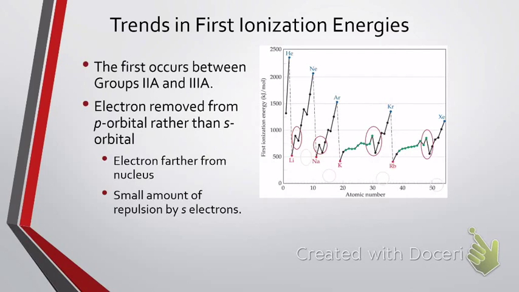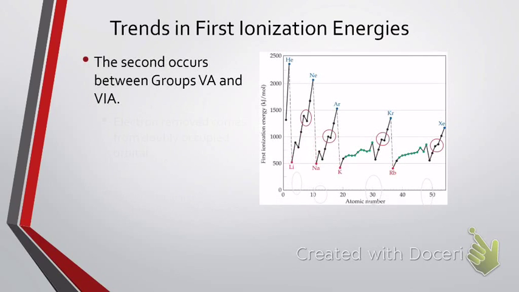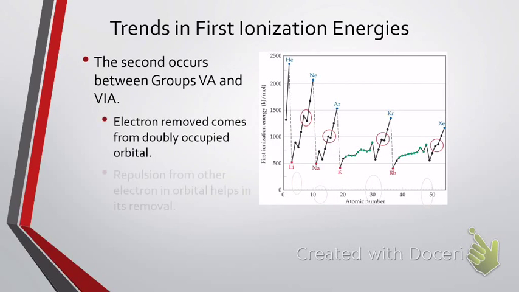Now let's try to explain the next anomaly. This happens between groups 5A and 6A. So let's just draw examples of 5A and 6A. If it's group 5A, it means there are 5 electrons in the outermost shell. So here's the 2s.